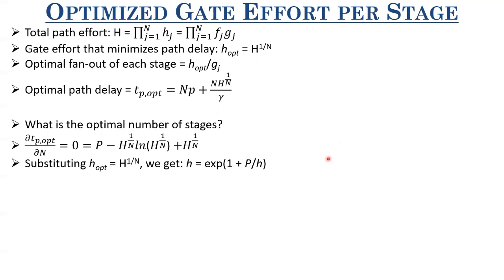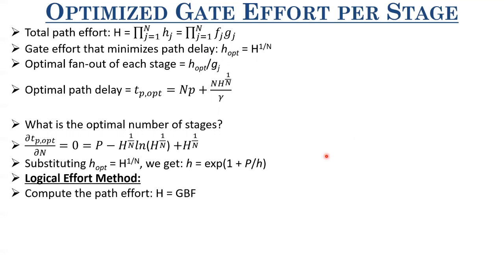Okay. Now, what exactly is this logical effort method? How can you find out the effective fan out using the logical effort method? So let us discuss that. First, you compute the path effort, capital H. And what is capital H? Capital H is nothing but G times B times F. So it's simply the product over j equals 1 to n of Fj Gj.